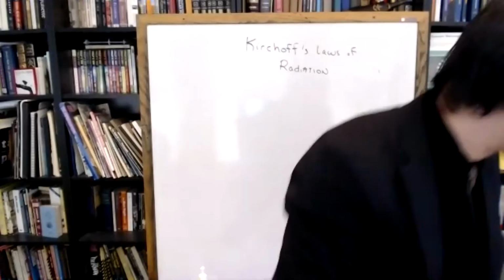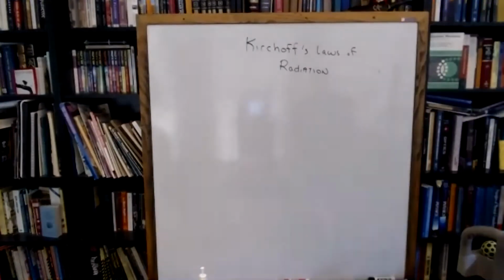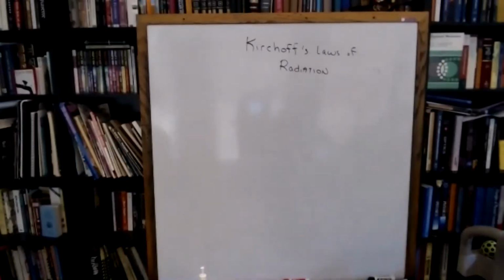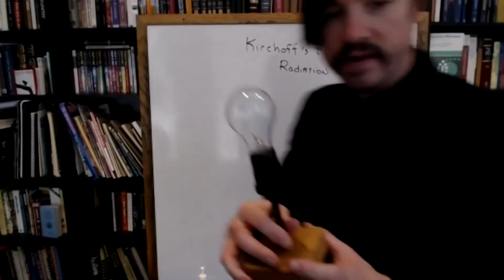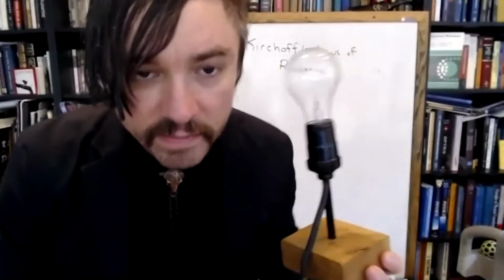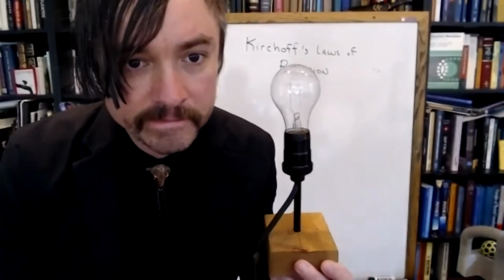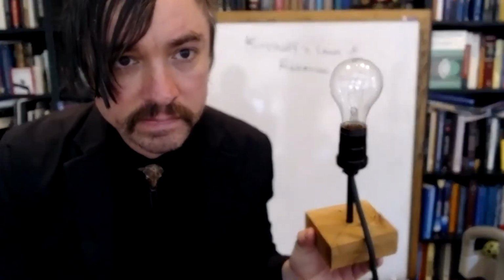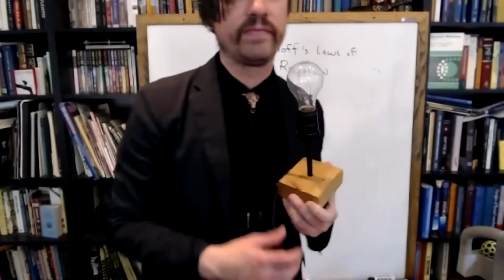And how about a basic incandescent light bulb, which I have one around here somewhere? What type of spectrum does this bad boy produce right here? An old-fashioned incandescent light bulb. Continuous spectrum, right, complete rainbow.